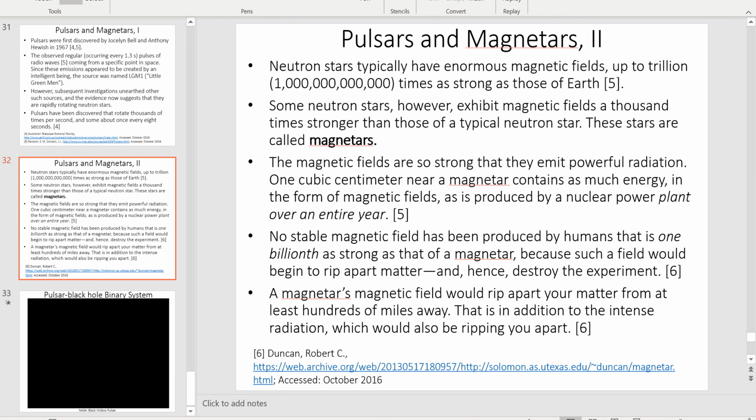Magnetic fields actually contain energy, and 1 cubic centimeter of space near a magnetar would contain as much energy in the form of magnetic fields as is produced by a typical nuclear power plant over an entire year. That's 1 cubic centimeter.